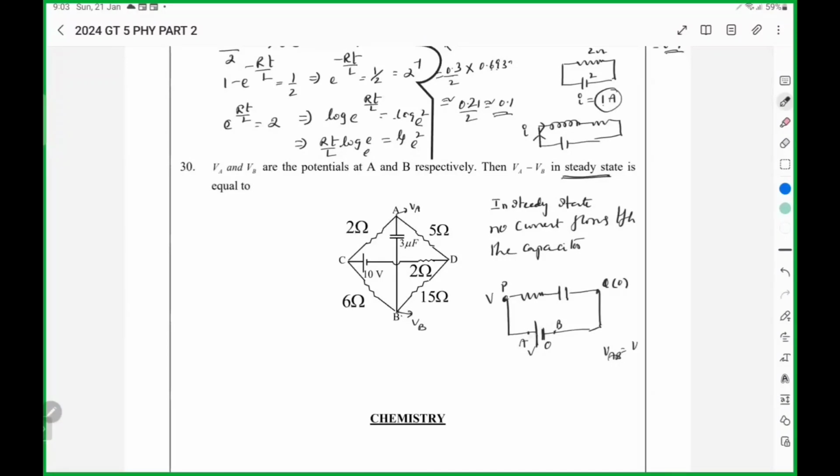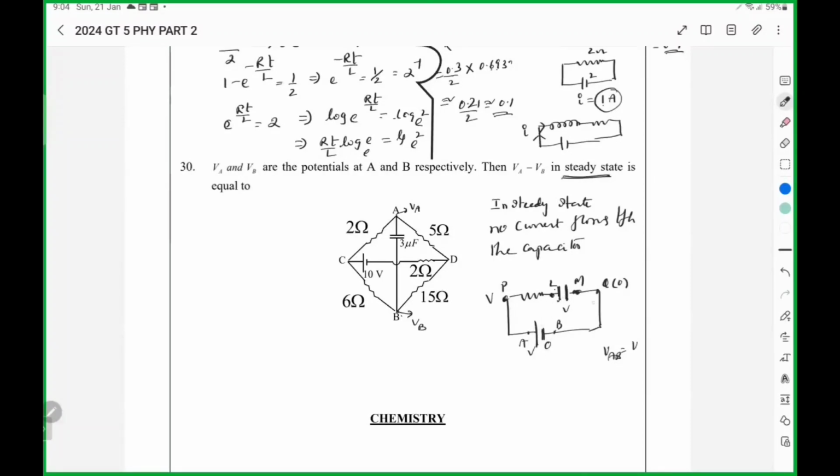Slowly the current flows through it and charge gets deposited. Over a period of time, the potential difference is V between the plates of the capacitor, L and M. That is called steady state, when no more charge gets deposited. Here maximum charge is deposited, the potential difference is V, so no current flows through this circuit.